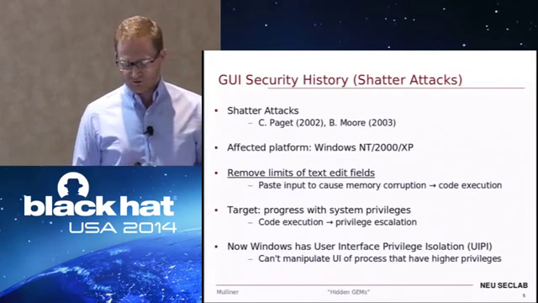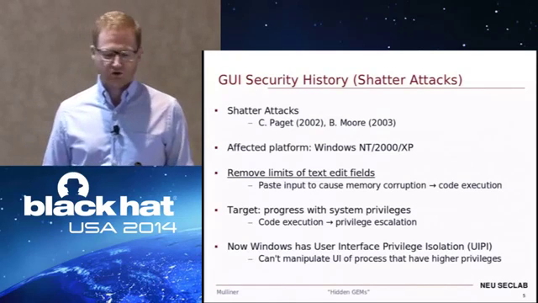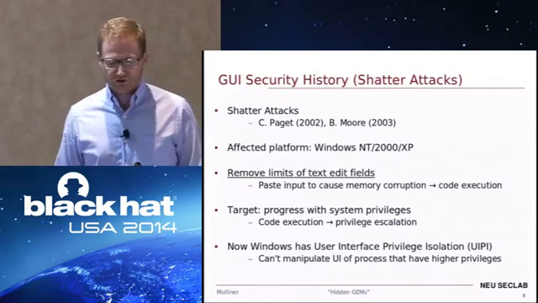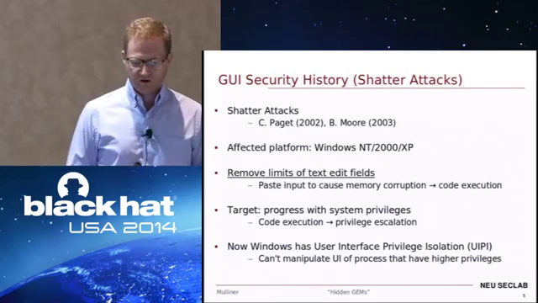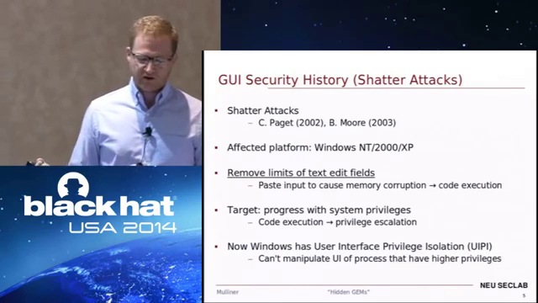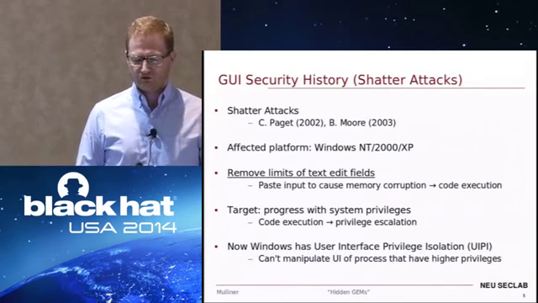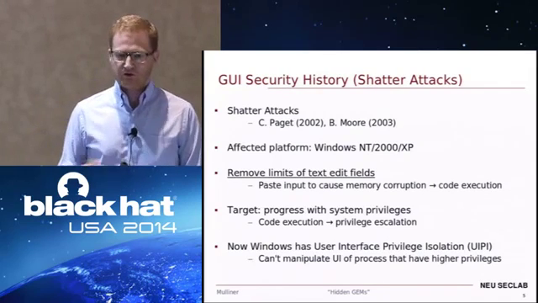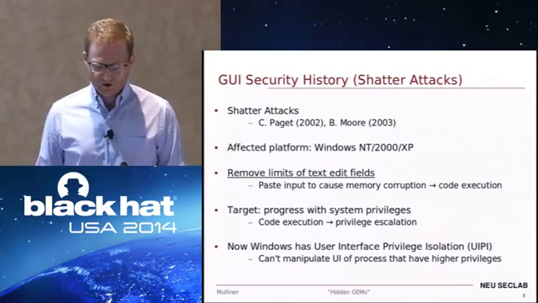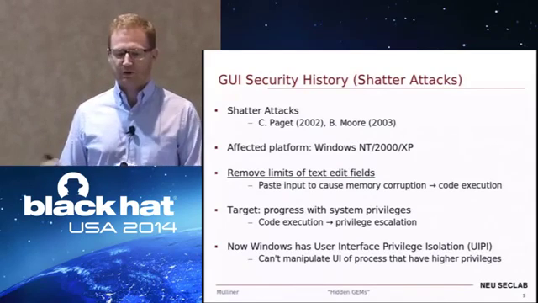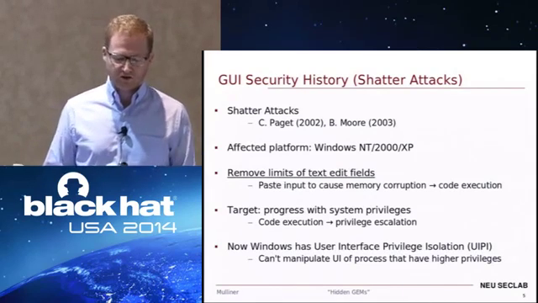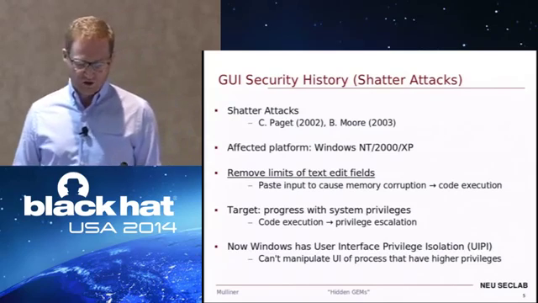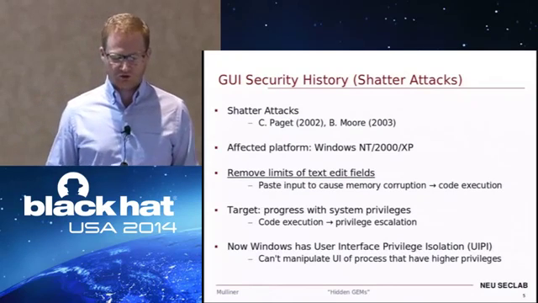So, more than 10 years ago, there was this attack called shatter attacks, which affected, I think, all Windows versions at that time, the era of 2000 and XP. The idea was you manipulate some part of the UI to paste something into a text field, and basically get memory corruption and code execution.